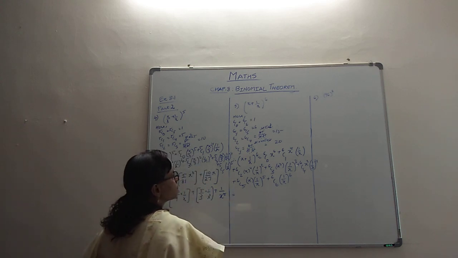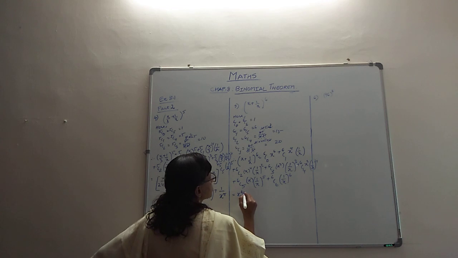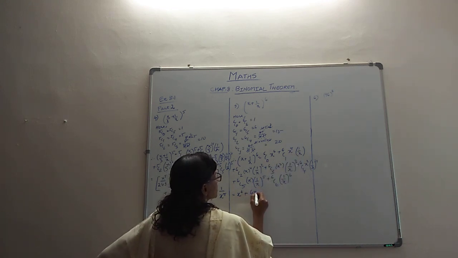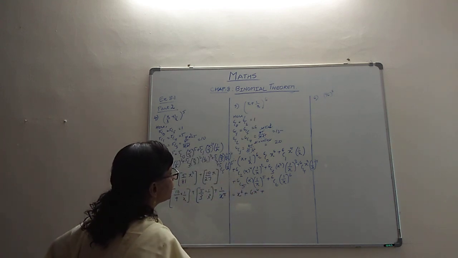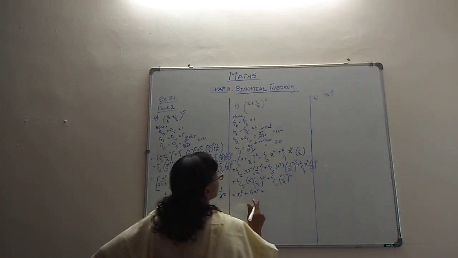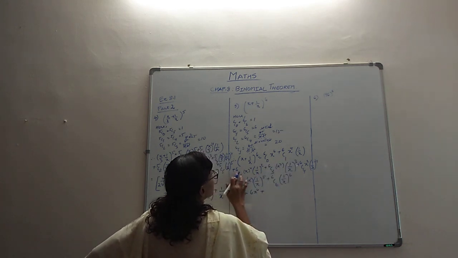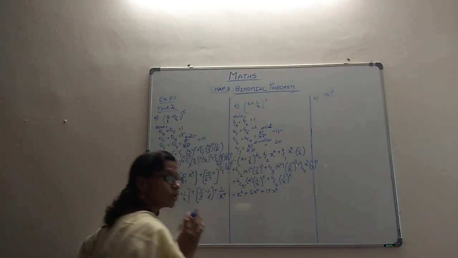Let's get the answers. 6C0 for us it's 1, so that is x^6. This is 6 and the x is cancelling, so 6x^4. Then this is 15, so this is 15 into x^2.